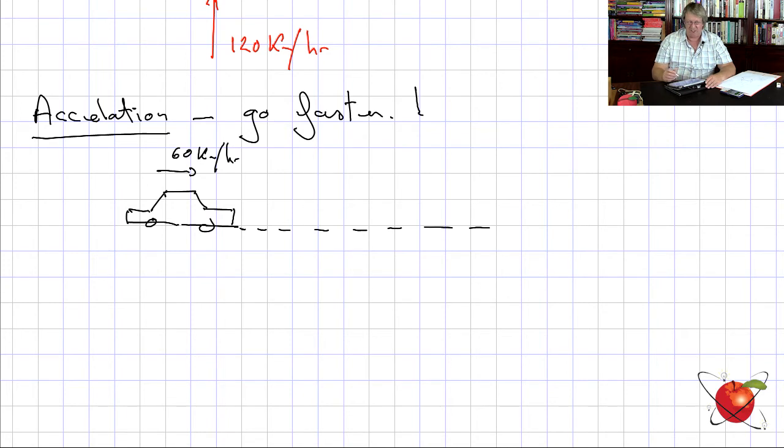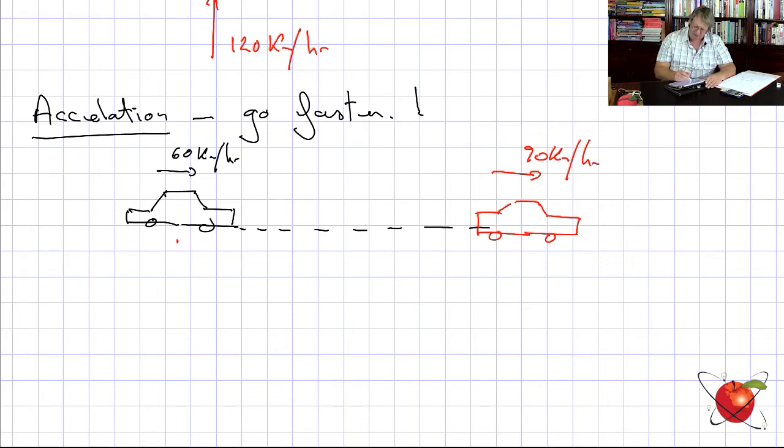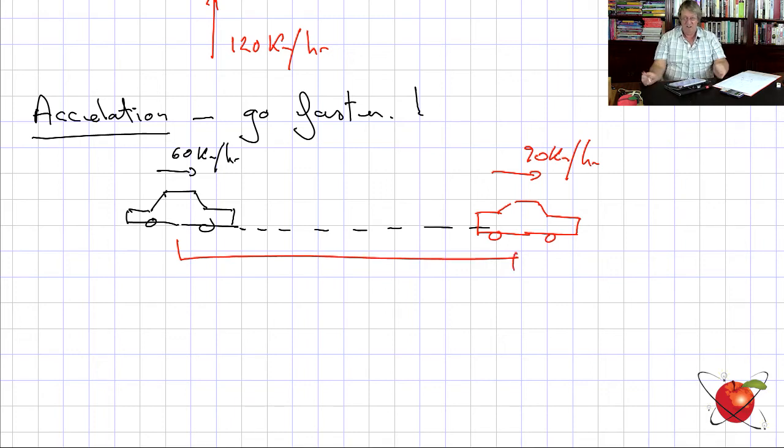Now we put our foot on the accelerator, and after a while the car's now over there, traveling at 90 kilometers per hour. From here to here, it has covered a distance. It has increased its displacement.